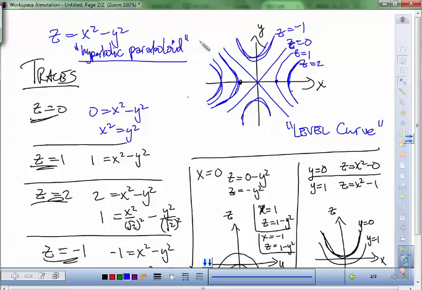Technically, it's a paraboloid because it's based on parabolas and it has x squared and y squared, and z is not being squared. So technically, it's a paraboloid. And if you make your cuts along the z-axis, you'll get hyperbolas. So that's why it's called the hyperbolic paraboloid.